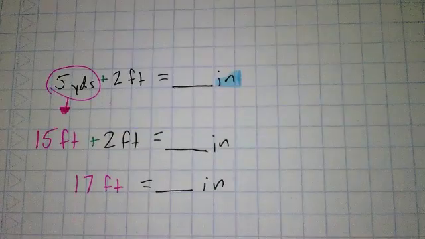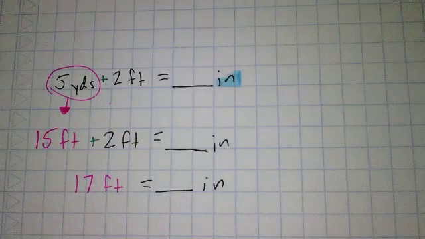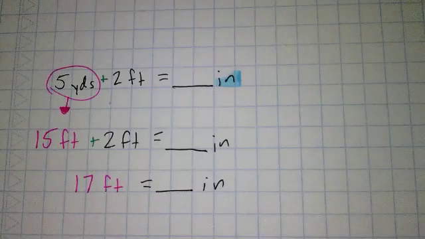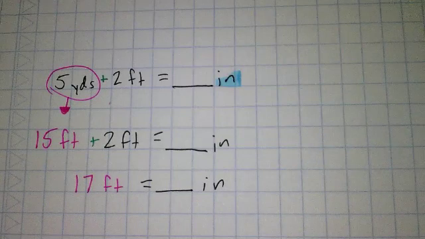How can we do that? Jackson, what are you thinking? 7 times 12. What? 7 times 12? No. You're close. But where'd you get 7 from? Oh. What are you thinking? You're close, but where'd you get 7 from?